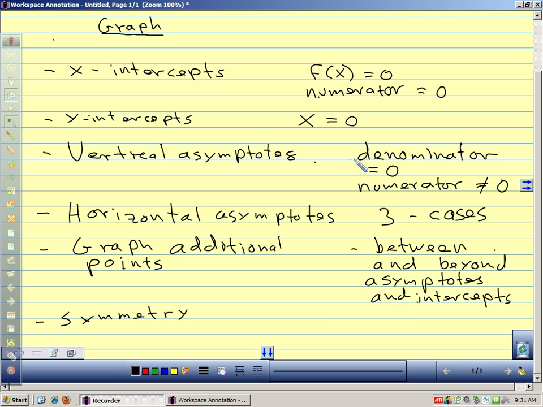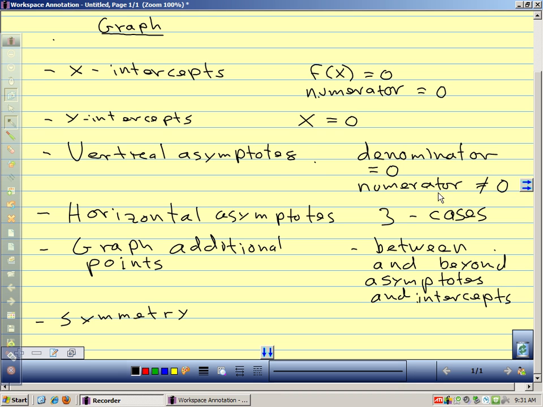And remember that our vertical asymptotes, where the denominator equals 0, that's also where our domain is restricted. So if our question asks us about the domain, we have to restrict the domain from the x values that make our denominator 0. So our vertical asymptotes and our domain restrictions are really the same thing.